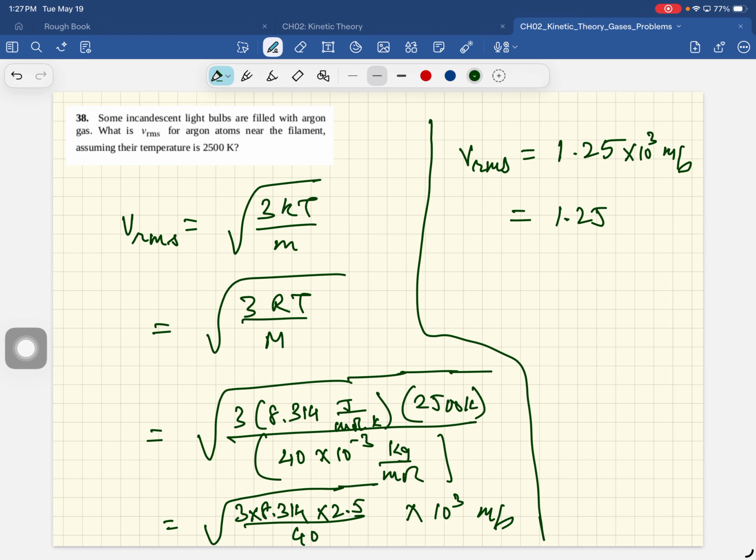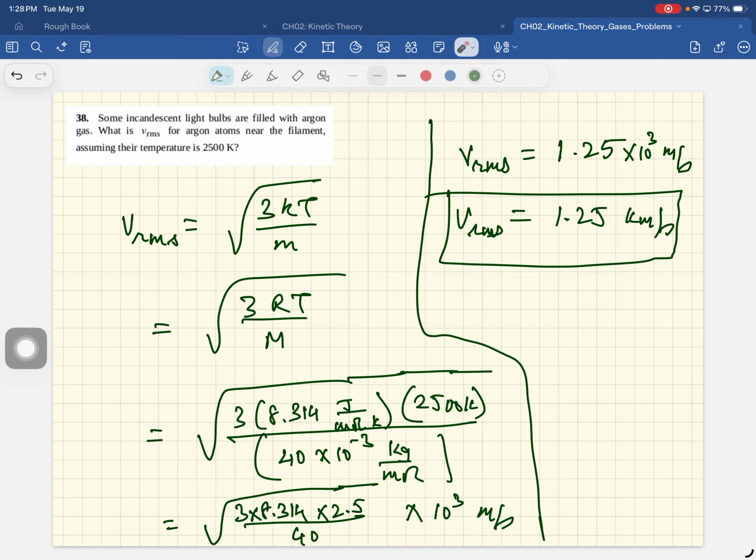CV equals 5/2 R. N is 1.45 moles, CV is 5 halves times 8.314, and delta T is 8 degrees Celsius difference.